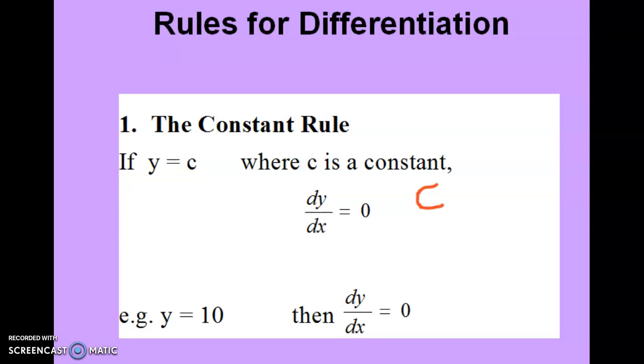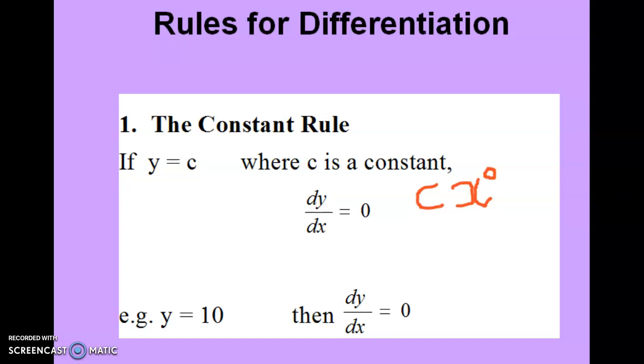Let's try to introduce our x. We have x here to the power of what? To the power of 0.